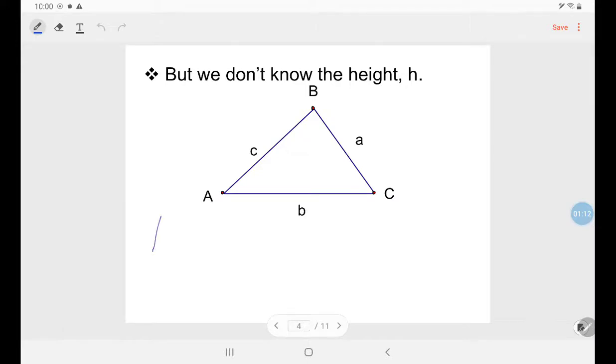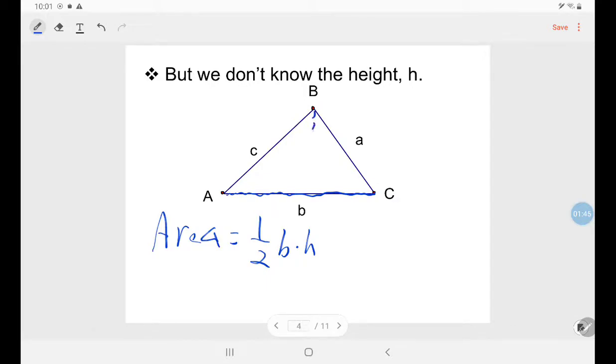So I know that the area is 1/2 base times height. Now, I'm just going to call my base B, this side right here. You could have used any of the 3 sides. It wouldn't have mattered. As you'll see, I'm going to come up with 3 different formulas to do this. Now, to find the height, I don't have it. I don't have a right angle connecting one of the angles to that side.